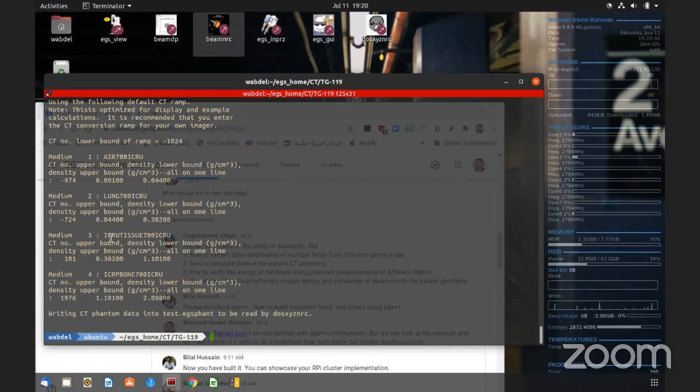And now for tissue, it will go from minus 724 up to 101. Okay, and these are the densities. Okay, so I hope it's clear now what's happening, at least the format. And then above that, from 101 up to 1976, it is going to use bone with the lower density. So 1.1 is the density at 101 CT number, and it's going to be 2.08 at 1976.